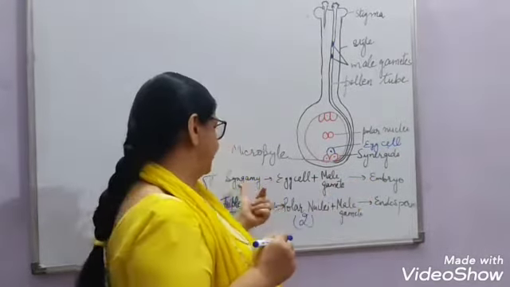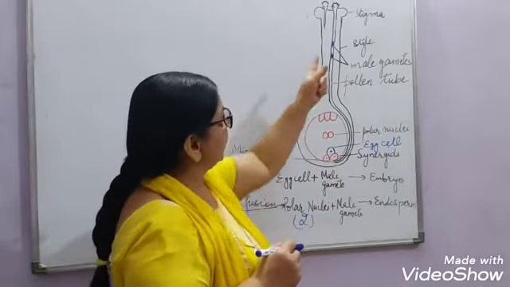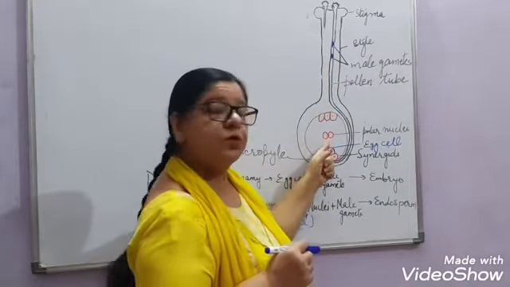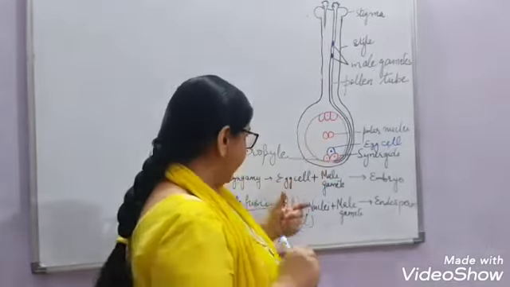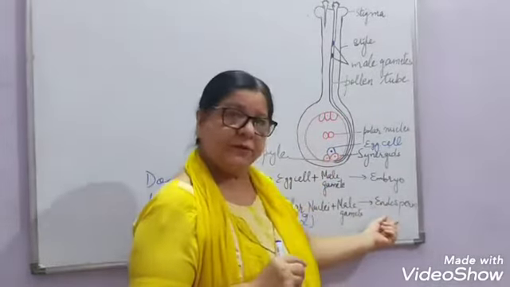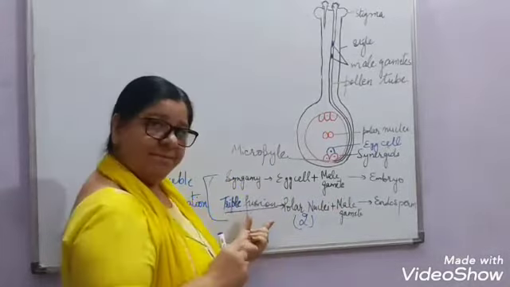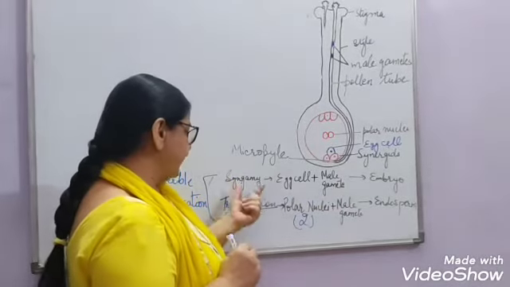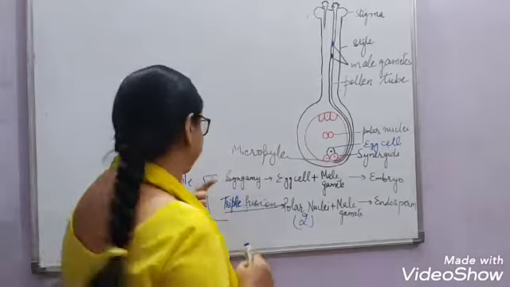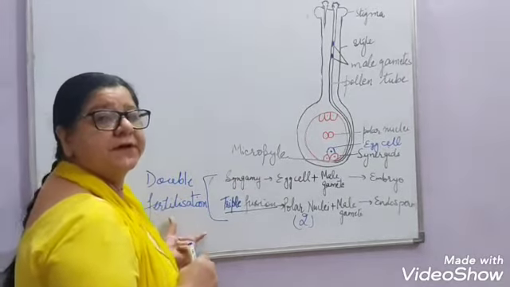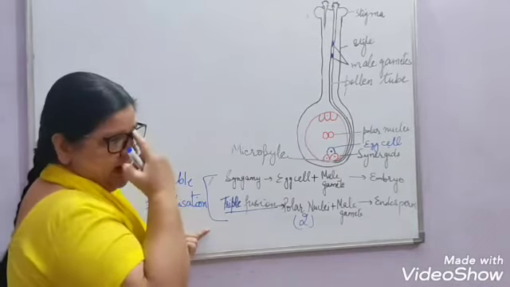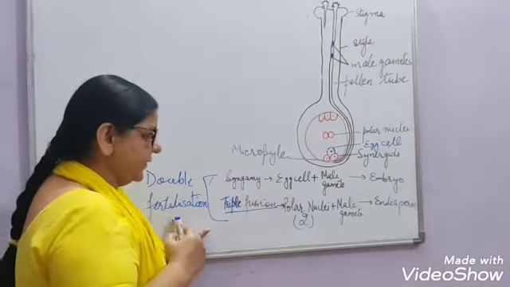This process is known as syngamy. The other male gamete will fuse with the 2 polar nuclei and will form the endosperm. This is known as triple fusion. The syngamy and the triple fusion together are known as double fertilization.